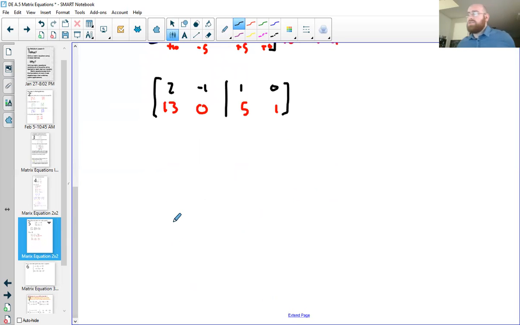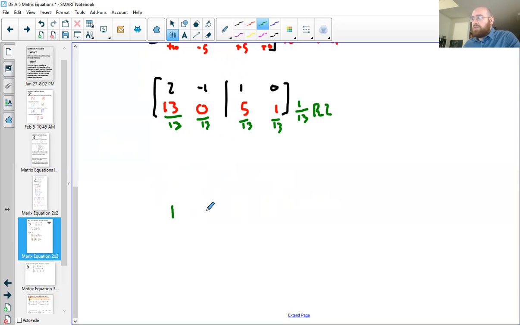Now, since I have gotten to a place where I have a number and 0 in the second row, I want to make this 13 into a 1. So I'm going to multiply row 2 by 1 over 13. Essentially, I'm dividing each of these numbers by 13. I can't really divide a row by a number, but I can multiply to create that same effect.